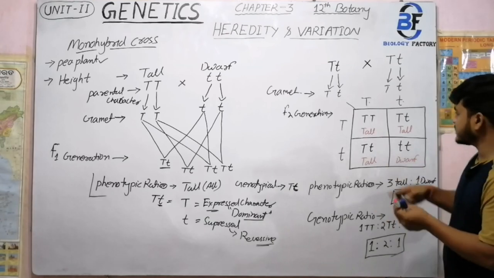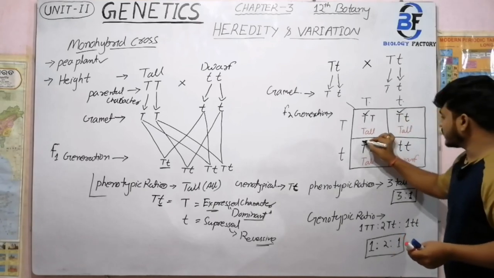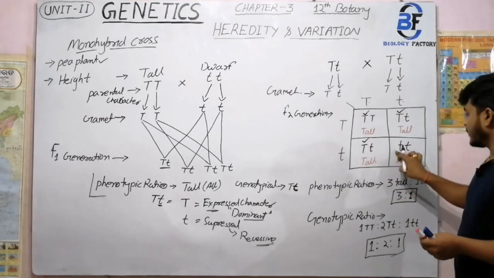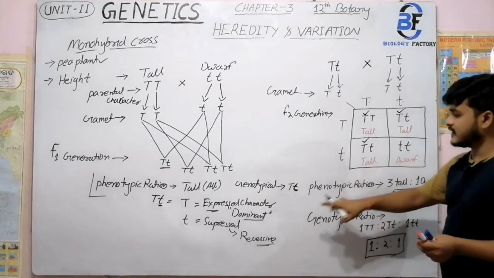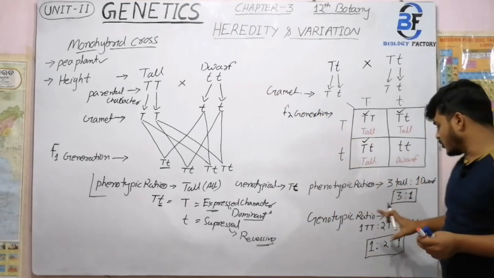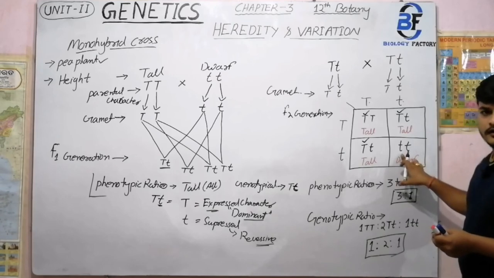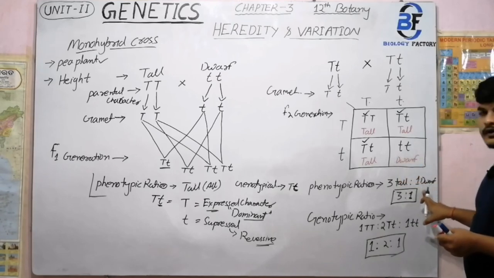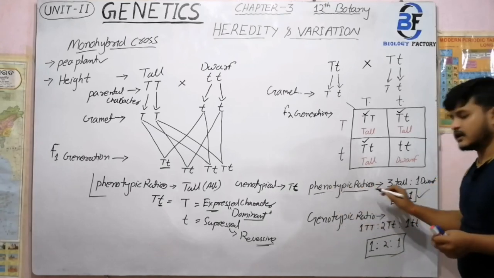The reason is that here is one capital letter, here is also one capital letter, here is also a capital letter, but here the capital letter is absent. And we all know that capital T represents the dominant nature, and the dominant nature is tall. So 3 plants are tall, and 1 is dwarf. That means small t is the dwarf nature. So the phenotypic ratio is 3:1 over here.